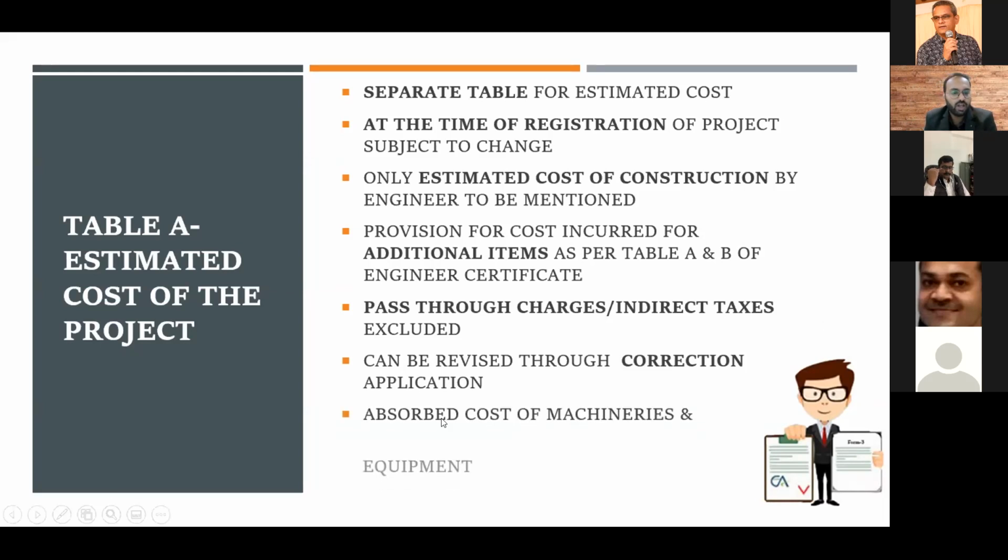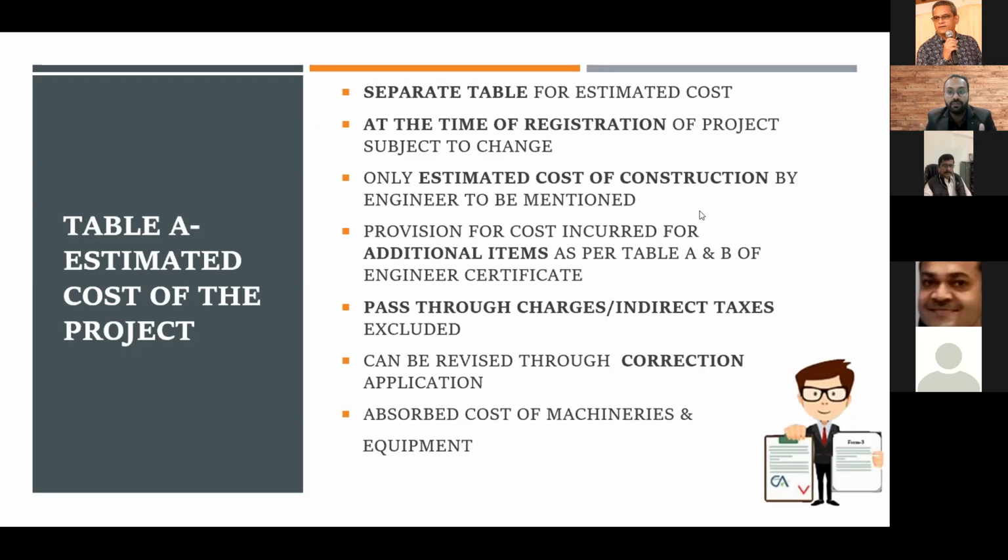Sorry, before that, absorbed cost of machinery. Yes, earlier, whatever the cost of machinery and equipment or hire charges, if I have purchased the entire machine, the entire equipment, a crane, and I am using it in multiple projects, then I now need to include only the absorbed cost in this particular project. Earlier, the entire cost could be included, but somewhere it would have given a wrong picture.